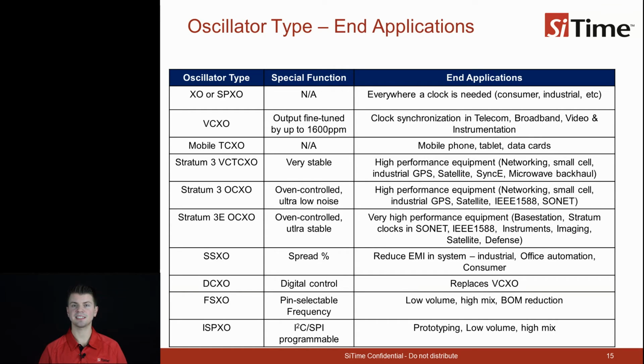Stratum 3 VCTCXO and OCXO are used in high-performance synchronization applications such as GPS clock disciplining, synchronous Ethernet, small cells used in wireless infrastructure, and microwave backhaul. Stratum 3E OCXO are used for telecom infrastructure to meet 24-hour holdover requirements.